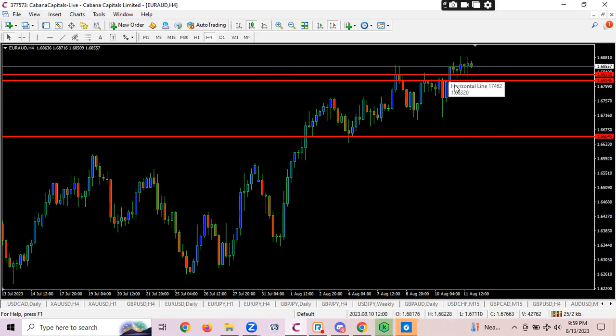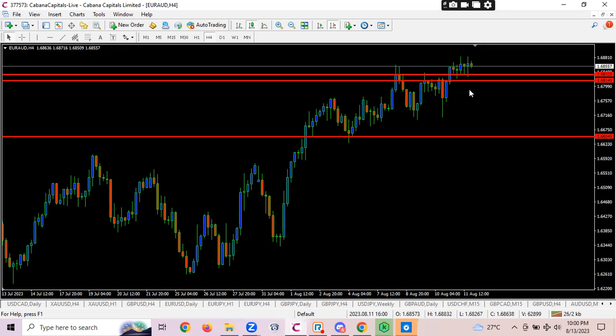If a 4-hour candle closes below this support zone on Euro Aussie, you might want to consider selling Euro Aussie. Personally, if a 4-hour candle closes below this level, I'm taking a sell trade on Euro Aussie. You can see we have several candlestick formations indicating change in trend. So all I just need to see is a 4-hour candle close below these lows. That is when I will consider selling Euro Aussie.